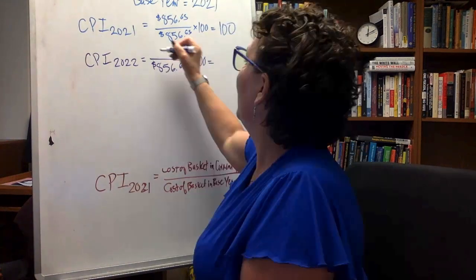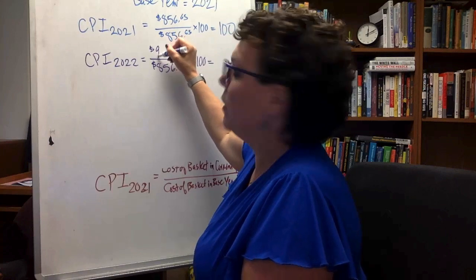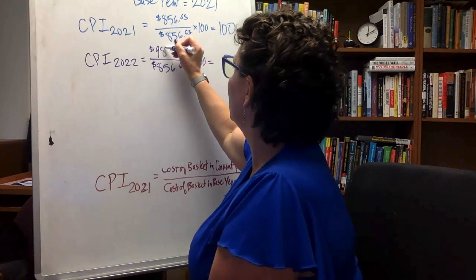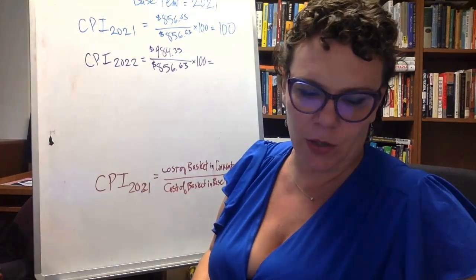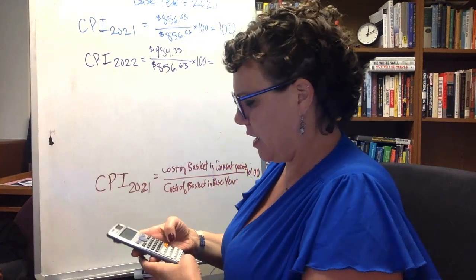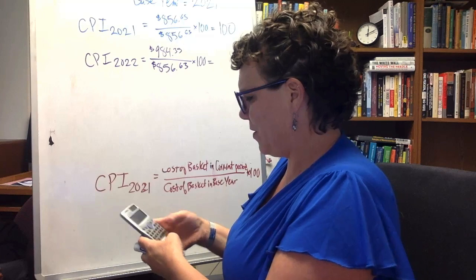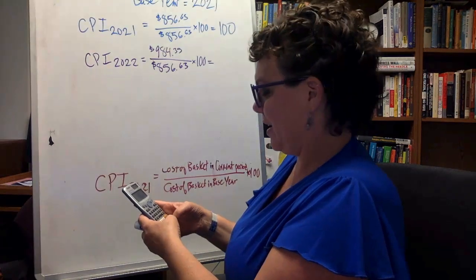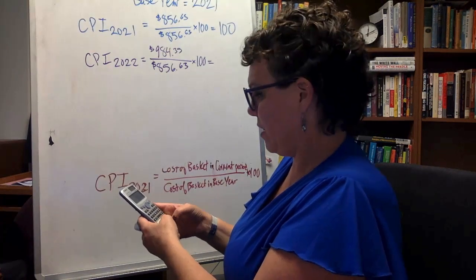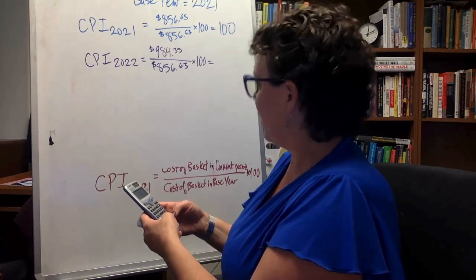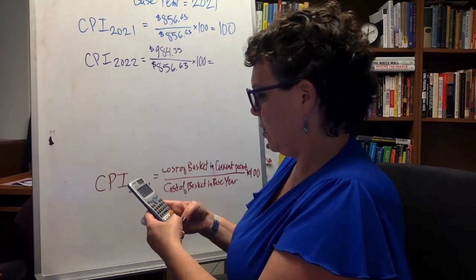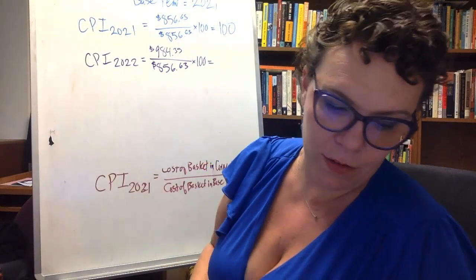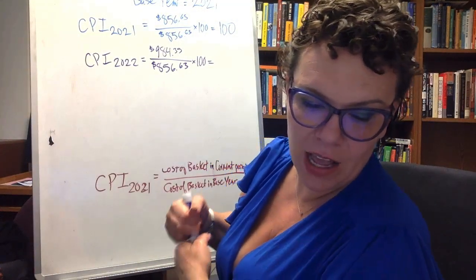So now we want $984.35, and we're going to go ahead and calculate that in real time for you. So I've got 984.35 divided by 856.63 equals 1.14909.